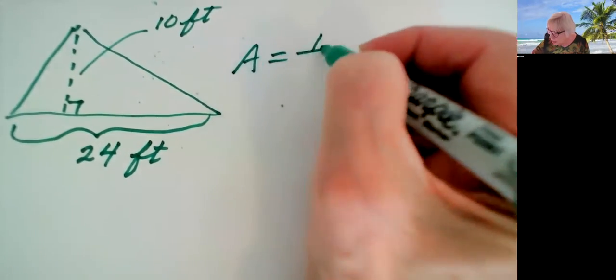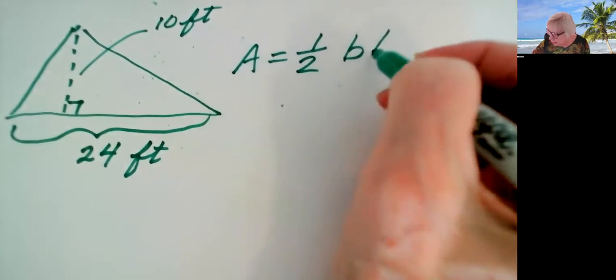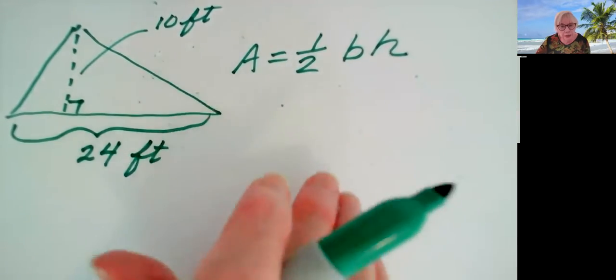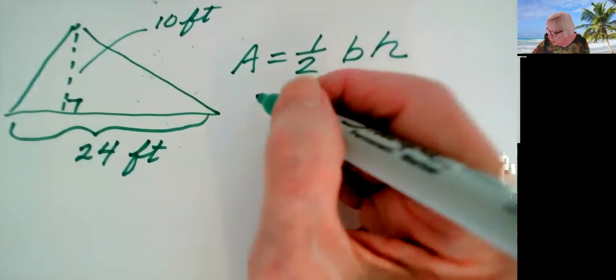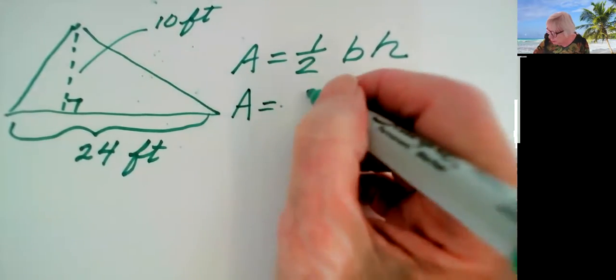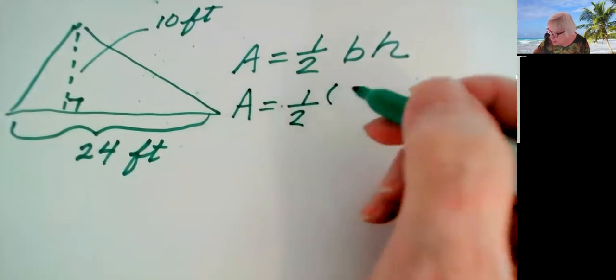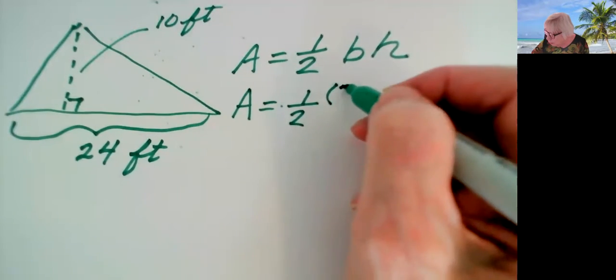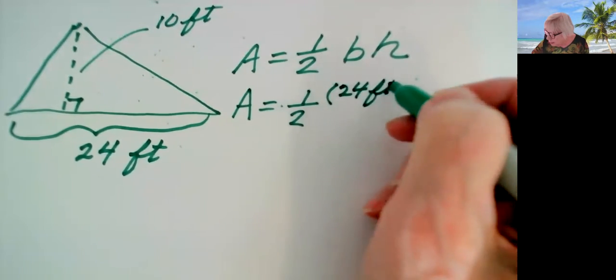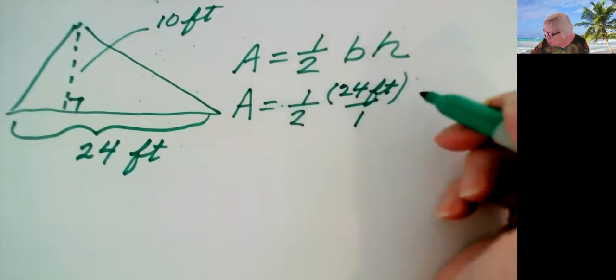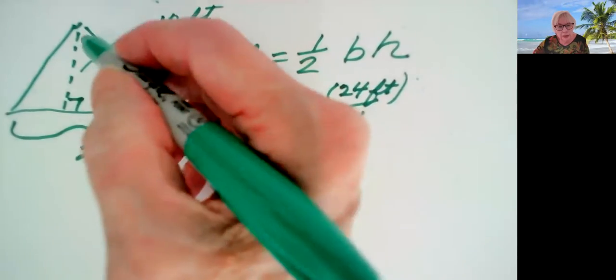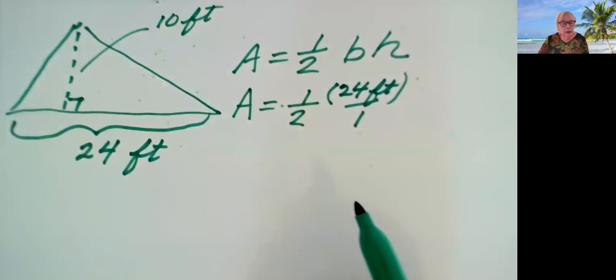I would suggest that each time you would write the formula first and then insert the numbers as you go. So it's the area that we want. The base is the bottom, in this case, 24 feet, and that's going to be over 1. The height is the vertical distance or perpendicular line.